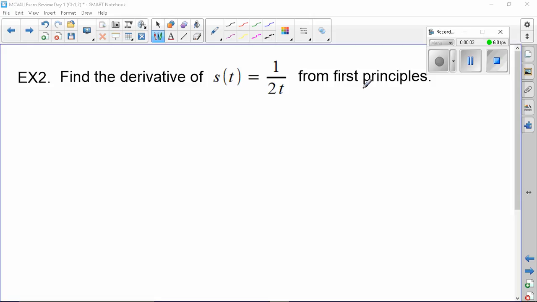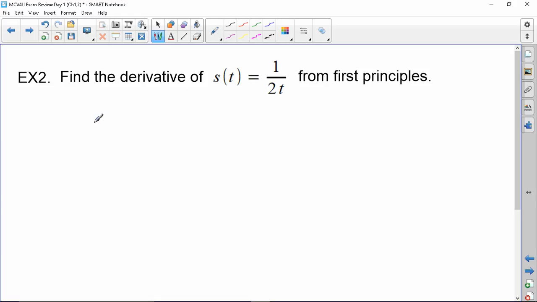Hello, calculus folks. This is example 2 from day 1 of our review days, and in this one we're going to remember how to do derivatives from first principles.